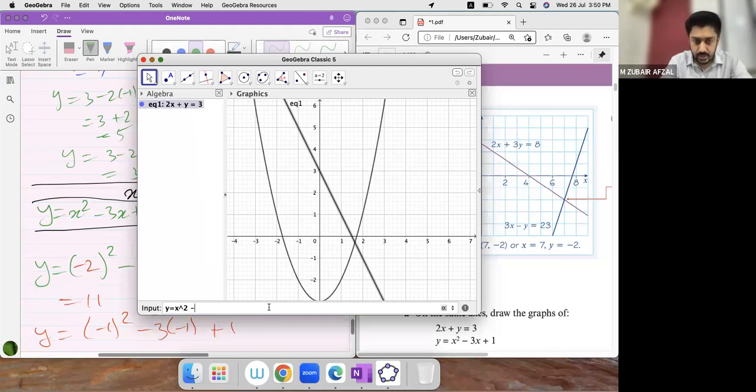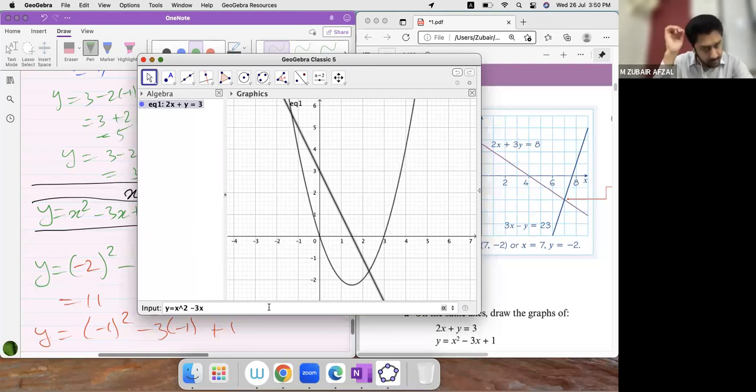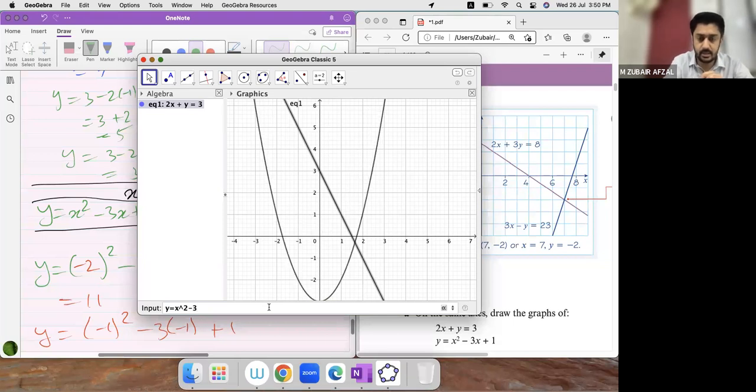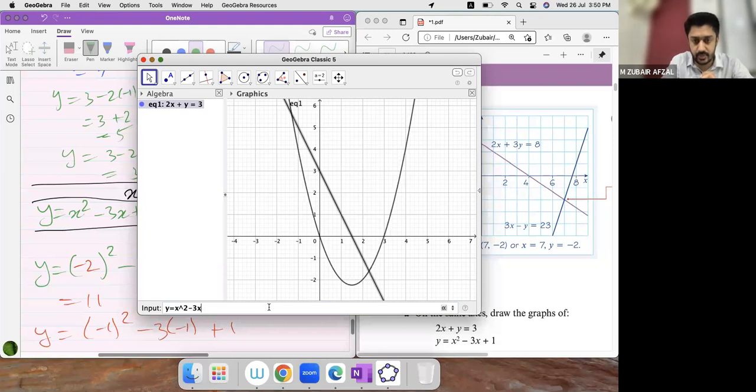Okay, look at this. When we are changing this graph, x squared minus 3x. Did you notice the shift? Or should I do it again? Y is equal to x squared minus 3. Notice the shift, and minus 3x again shifted.